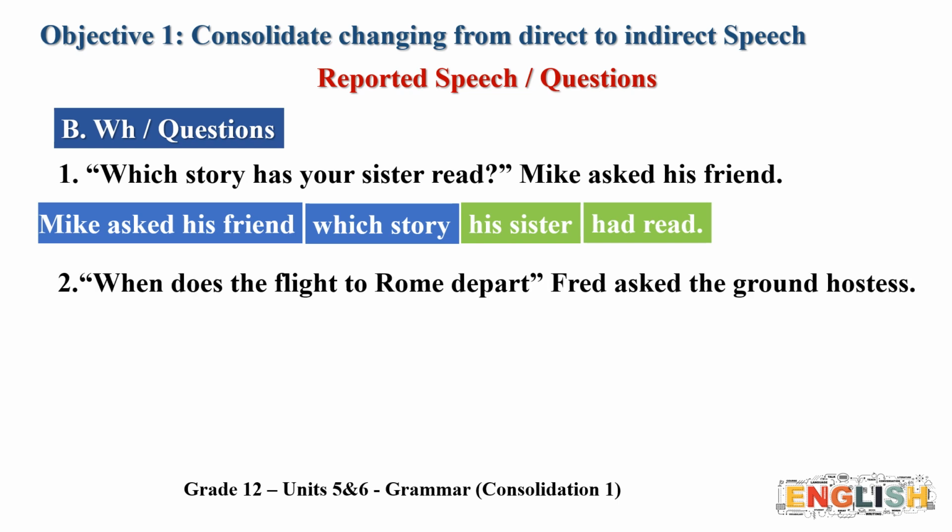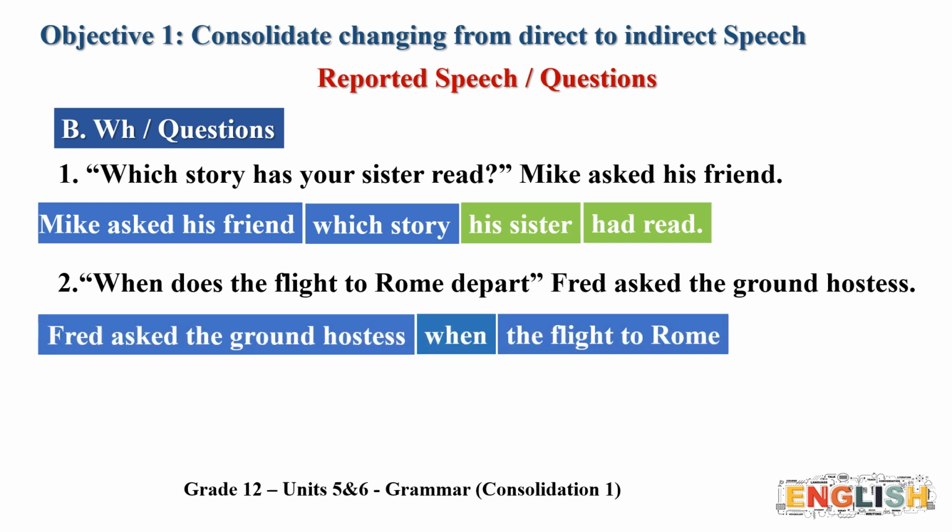The second example, again, how are you going to report this question? Very good. Fred asked the ground hostess when the flight to Rome departed, and here the verb depart becomes departed and remains in its place. Now, what happened to the auxiliary verb does? Very good. Deleted.